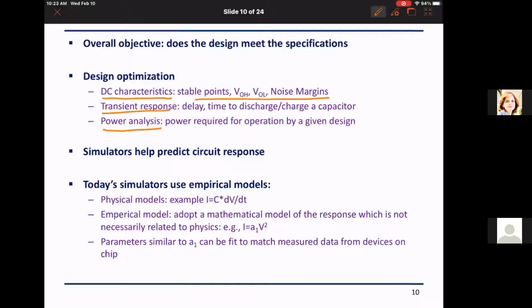Of course we can perform simulation. But the simulators use empirical models. And what we mean by empirical model is that the fab, for example at IBM or at Intel, builds all of these transistor arrays, and they start to apply biases to the drain and the gate.